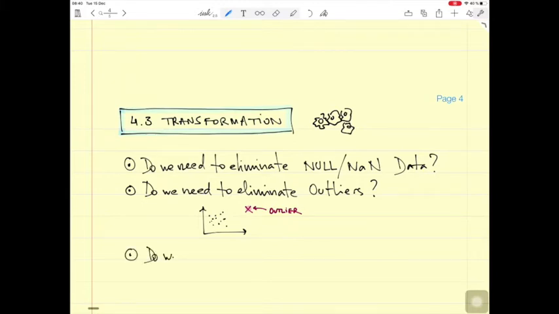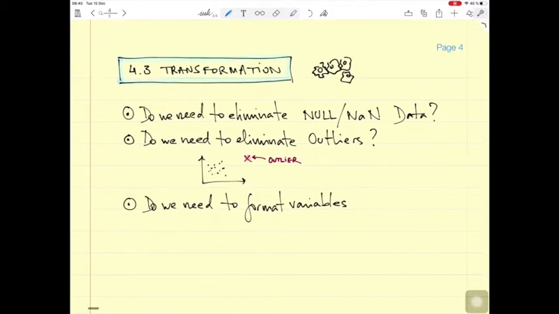Do we need to format variables in order to compare them?